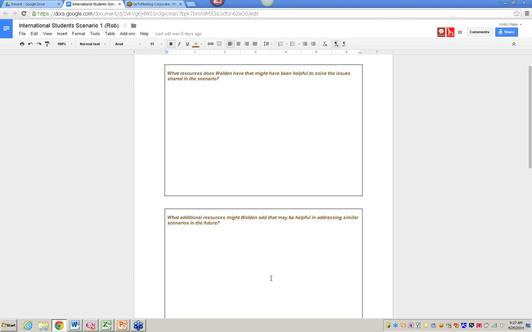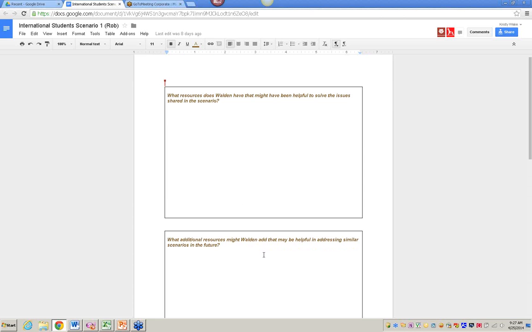With Google Drive, for those of you that aren't familiar, we'll be able to see in real time as everyone is typing on this document. So please go ahead and do that. And then there is that second question in the box below that says what additional resources might Walden add that may be helpful in addressing similar scenarios in the future. So go ahead and share your thoughts and ideas on here.